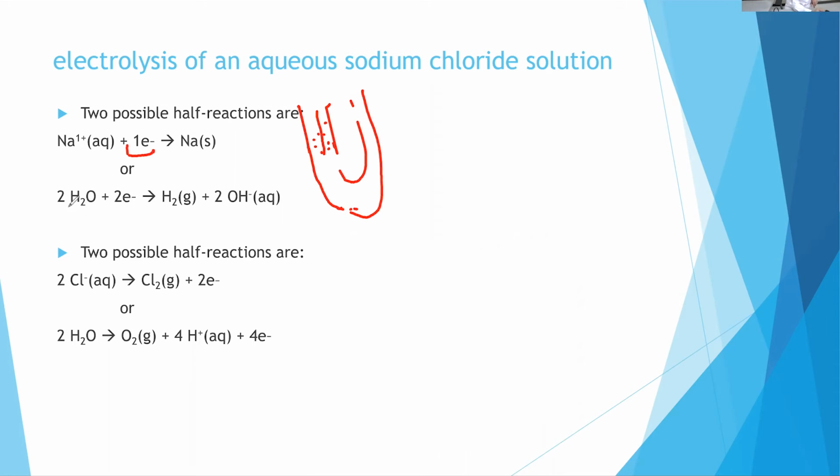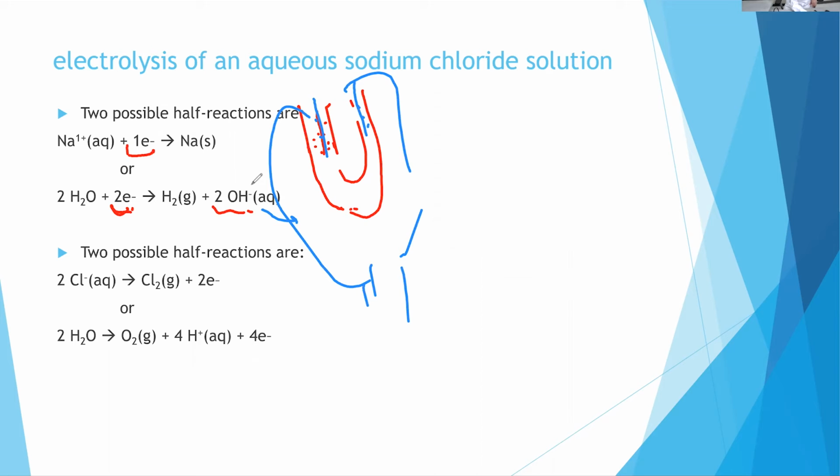If water is reduced, meaning water gains electrons, it is going to produce hydroxide ion. We have a very simple way to determine if hydroxide ion is being produced or not: we just add drops of phenolphthalein to both sides, place the electrodes, connect to the battery, and watch.